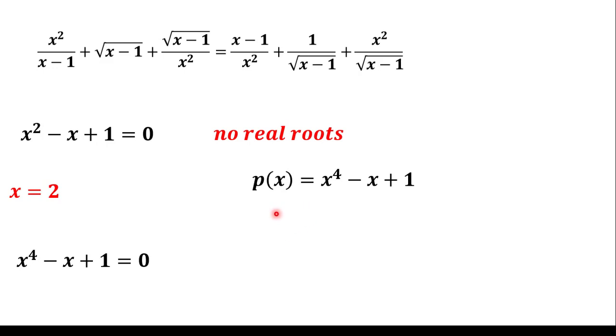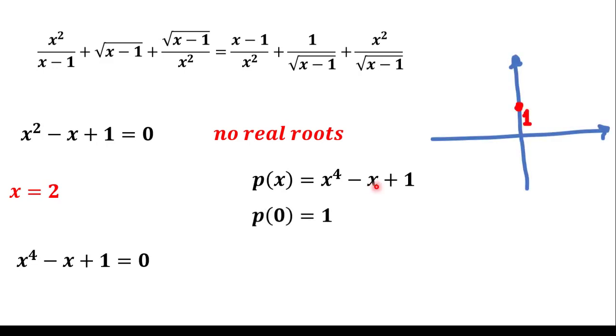We need to find the y-intercept, so we substitute x equals 0 in our expression, so we get p of 0 is 1, and (0, 1) is one of the points of the graph. In the next step, we want to find a turning point, so we need to find the first derivative of p of x.